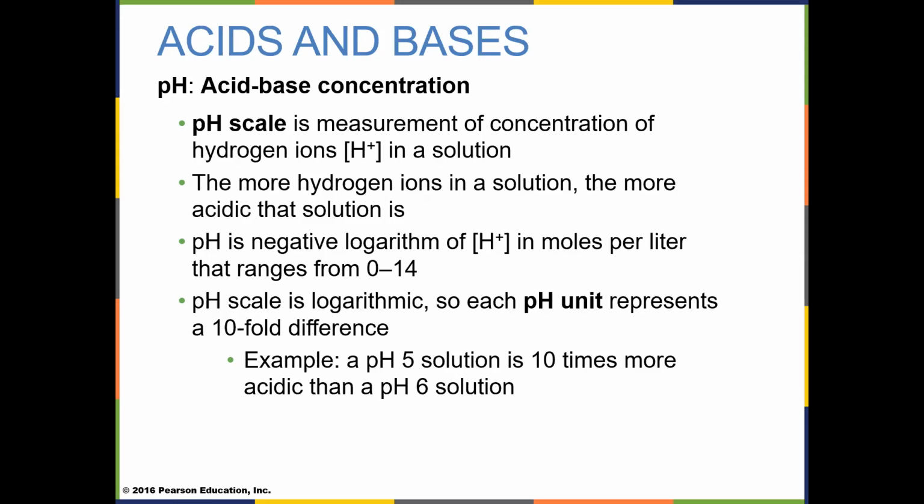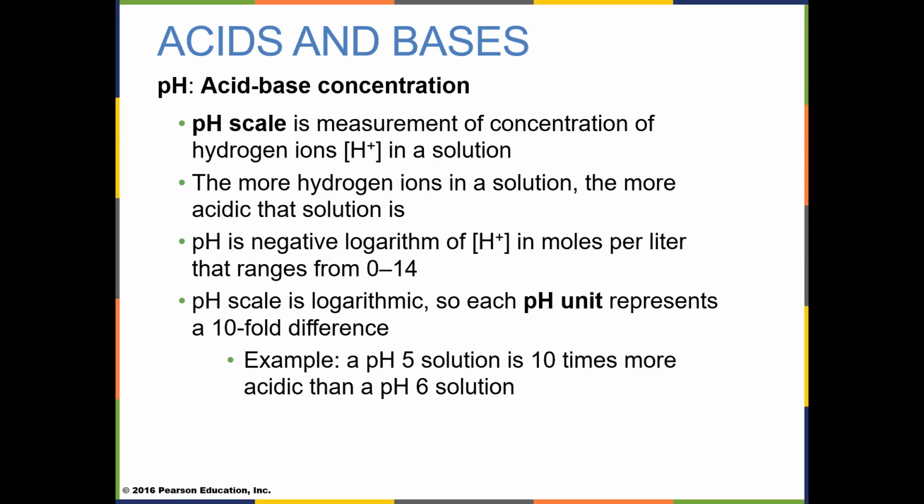Anything from 7 down to 0 is the acid side. Everything 7 and above to 14 is the basic side. Our bodies like to hang out right around 7.4. Our pH, the level of acidity in our bodies, is right around 7.4. So we are actually slightly alkaline.